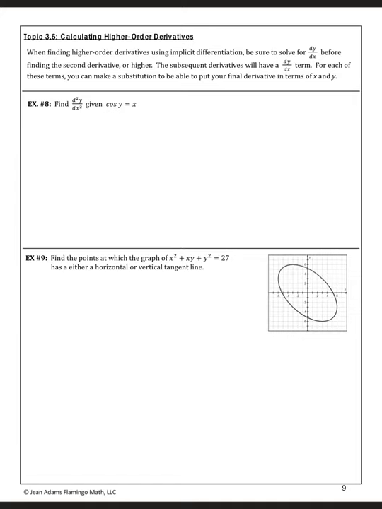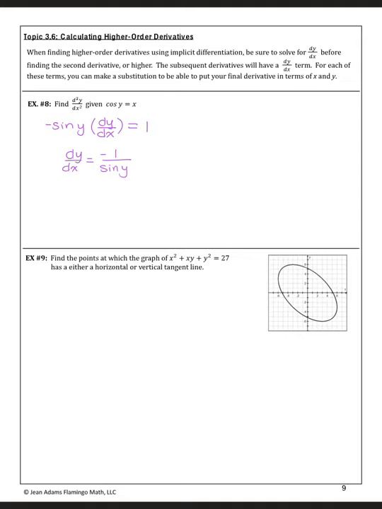If we take the derivative of cosine, that is negative sine y, and then don't forget, anytime you take the derivative of y, you need to tack on a dy dx, is equal to the derivative of x, which is 1. So dy dx is equal to -1 over sine of y. So that is my first derivative.